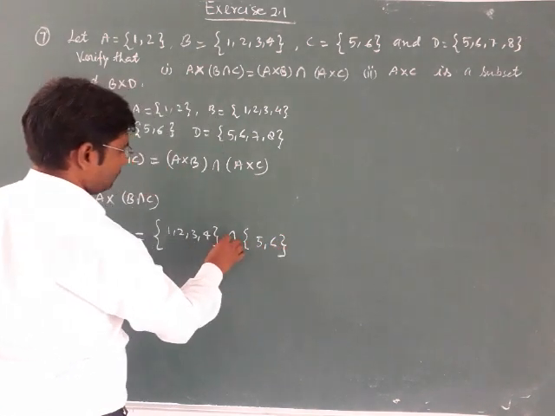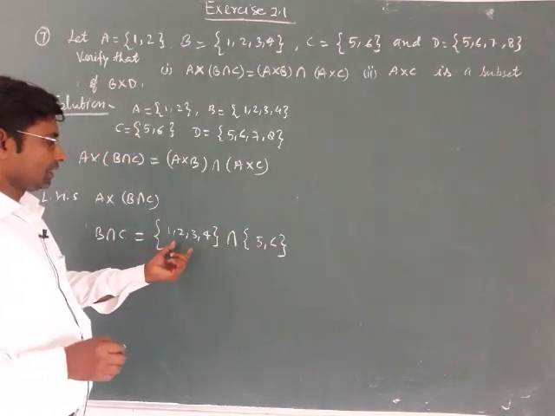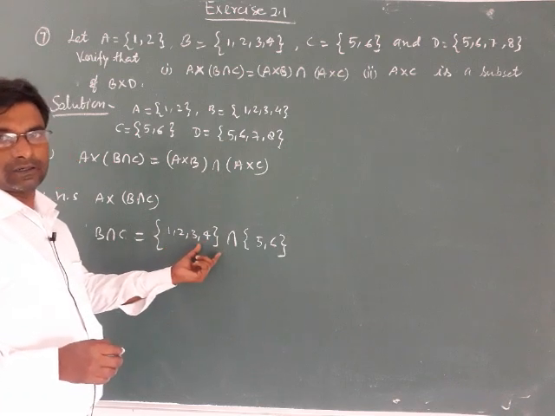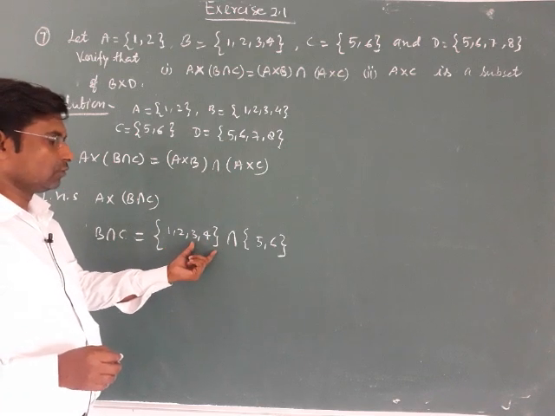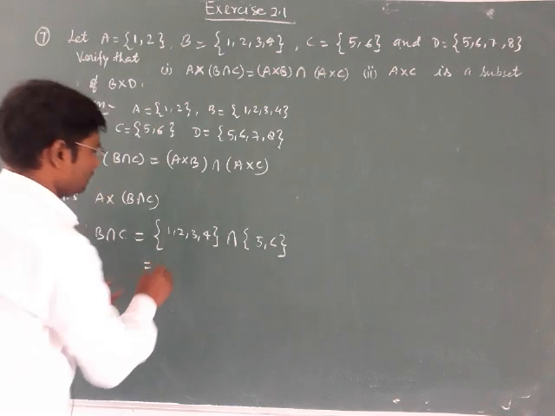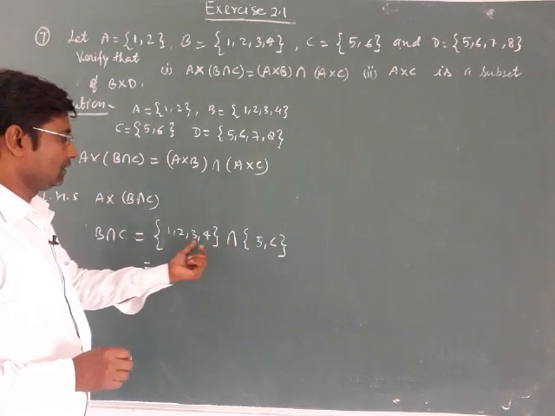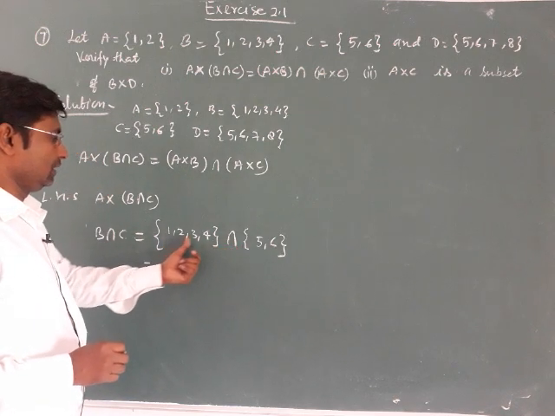Intersection means we take only the common elements from both sets. So there is no common element between B and C.